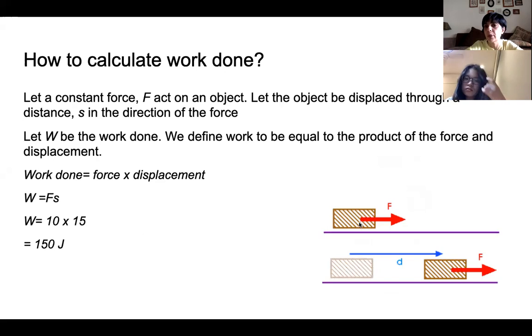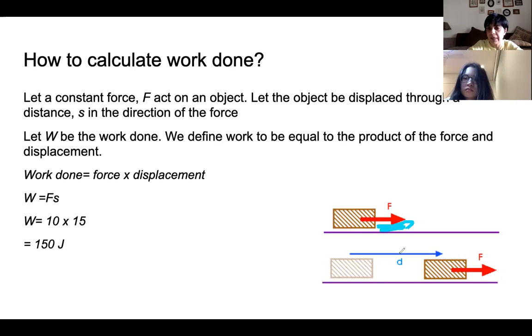Here is how we can show it directionally. You have a situation in which there is force being applied to this object. And the force is being applied in this direction. You see the arrowhead? In this direction, the force is being applied.